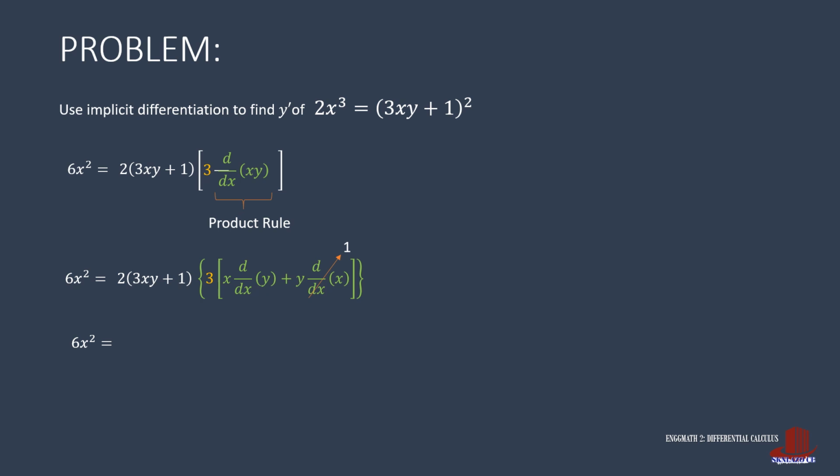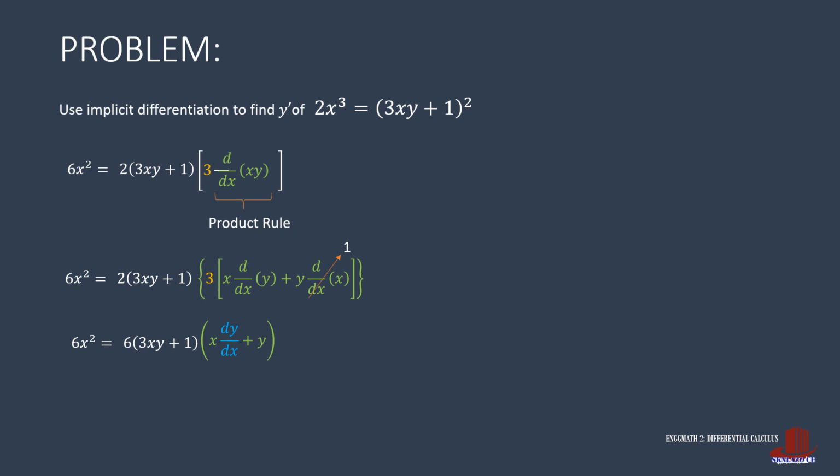Multiply the constants 2 from the left and 3 from the derivative to simplify the function, thus having 6x squared is equal to 6 times the binomial 3xy plus 1. Then the other binomial of x times dy over dx plus y.